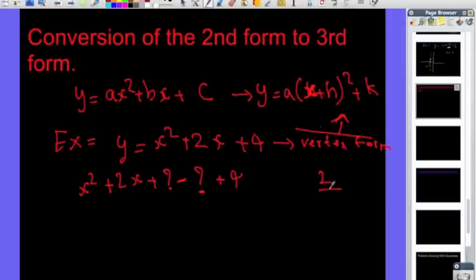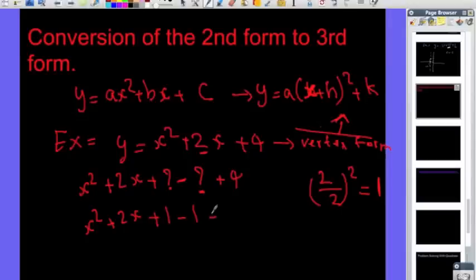So 2 divided by 2, because b is 2 here, squared gives you 1. So you just replace the question marks with 1. So it would be x squared plus 2x plus 1 minus 1 plus 4.